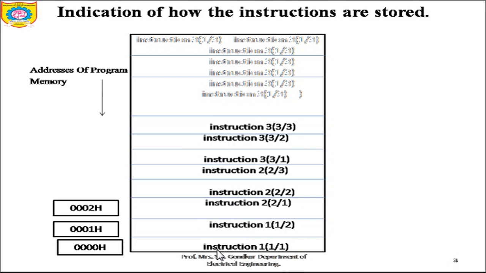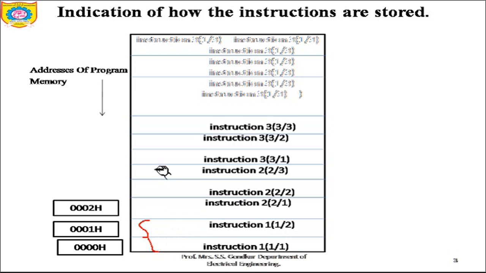You can see here instruction 1 requires two locations because the instruction is long, so it is split into two parts. One part is stored in the location 0000H and the second half of the instruction is stored in the location 0001H. These two are the locations required to store instruction 1.